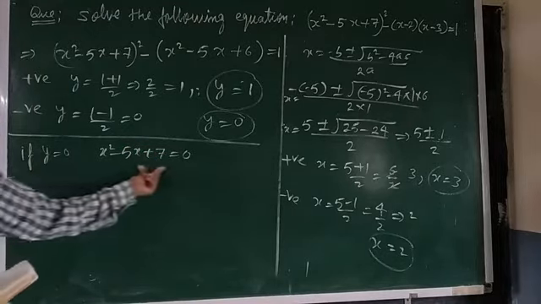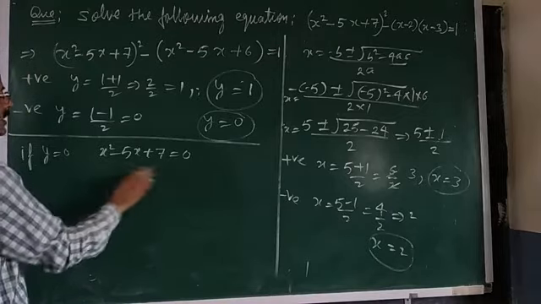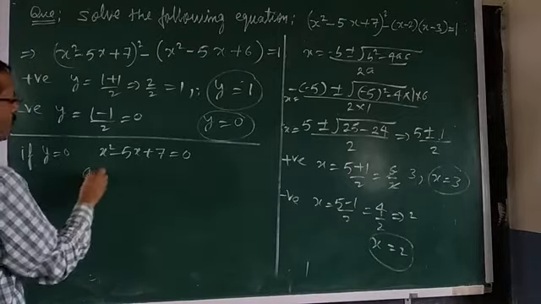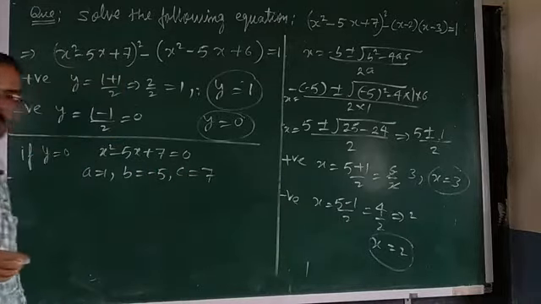Y is equal to 0 means this is equal to 0. Now compare with the standard form of the quadratic equation. So a will be 1, b will be minus 5 and c will be 7.